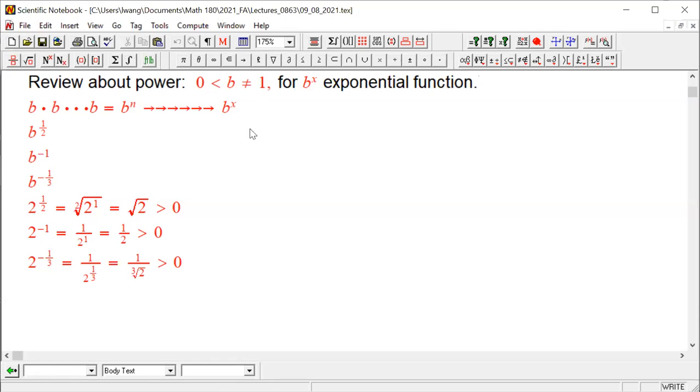And all the rules we have learned, right? b to the power m multiplied by b to the power n. Someone just mentioned, is it going to be m times n, or is it going to be b to the power m plus n? Which one is correct? Of course, there's only one correct answer.